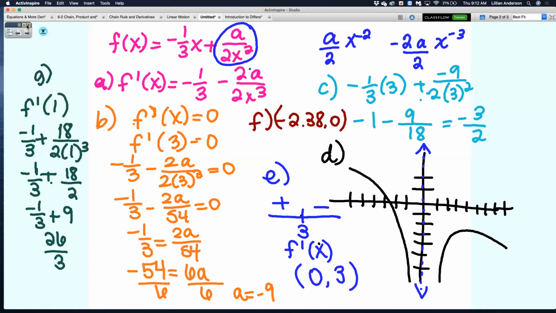So in order to write the equation of the normal line, I need the gradient of the normal line, which is what? The opposite reciprocal. Of? The answer that you just got in the previous question. Very good. So then the opposite reciprocal of that, Dylan, would be what?